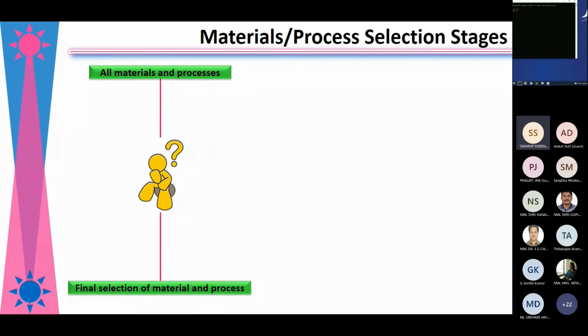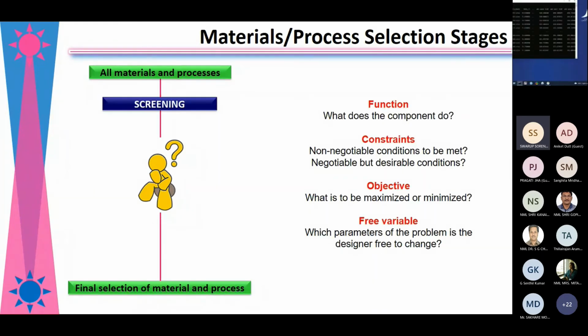So what I do then is, first of all, I resort to screening. Screening means what screening we should do. So we know what our product would be doing. So function we have defined. We have to put some constraints.